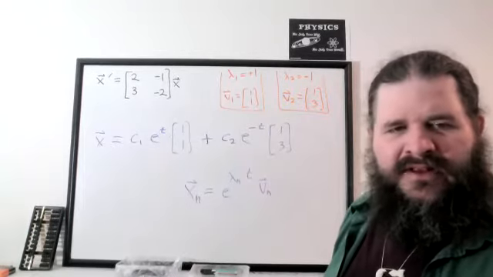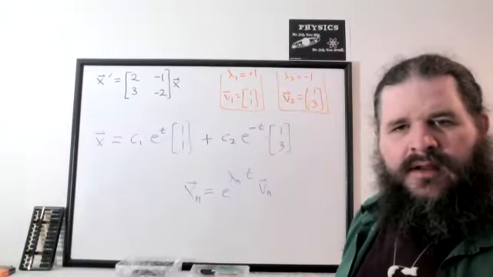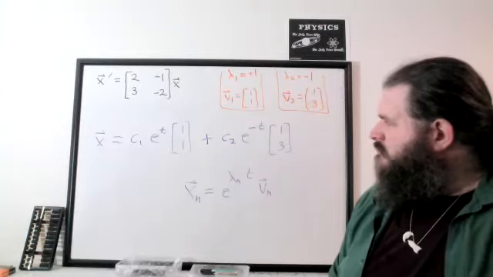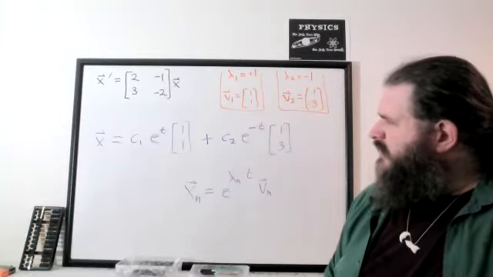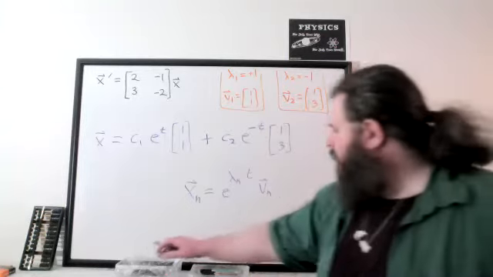And this problem is specifically asking you also for an idea called a fundamental matrix. A fundamental matrix is basically just putting together these vectors, but in a way that makes it into a matrix.